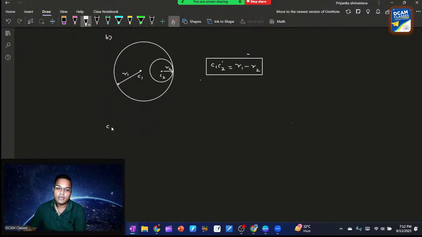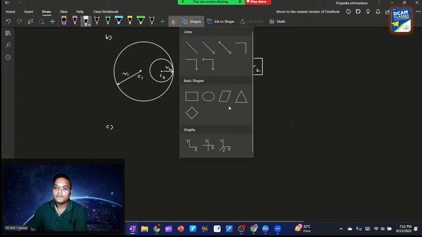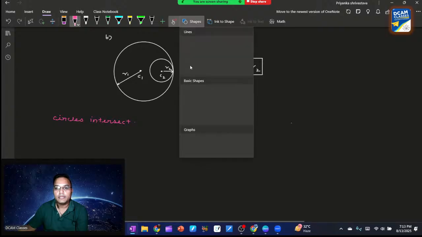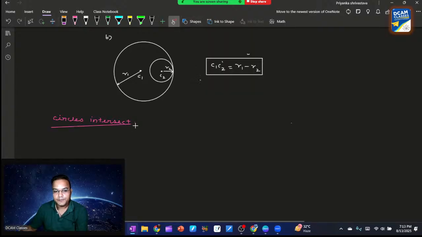Now, there is one more condition. The condition is when they intersect. This is for the touching. This is for when they intersect. Now, when these two circles are intersecting, I'll give you a formula also, a very good formula, which will be very beneficial to you.